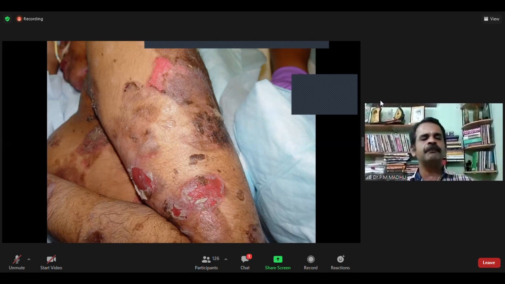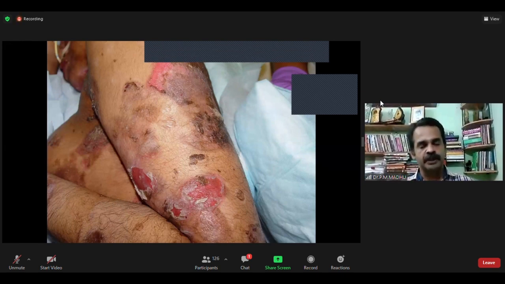For example, in Kushta Chikitsa, you can see: Kushtinam Snehapanena Purvam Samyag Upacharet. Initially we have to give Snehapana in a patient with Kushtaroga.